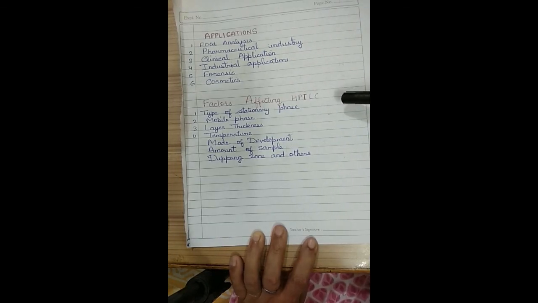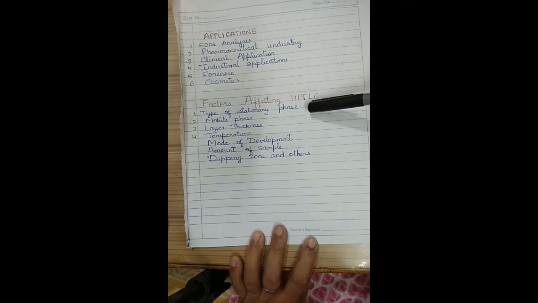Factors affecting HPTLC: HPTLC is affected by the types of stationary phase, mobile phase, layer thickness, temperature, mode of development, amount of sample, and dipping zone, and others.